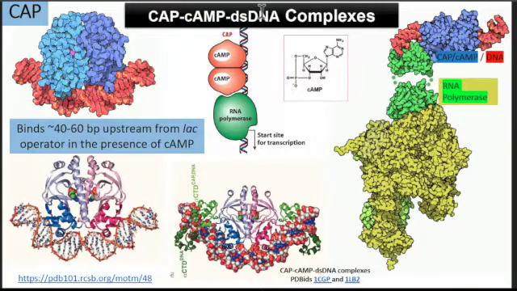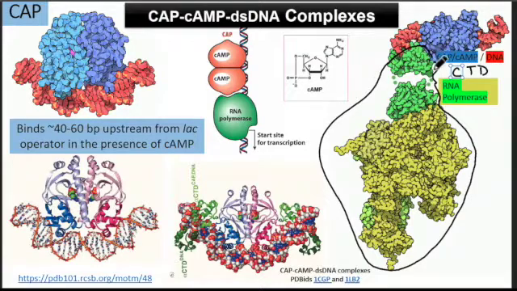Specifically, the green is the carboxy terminal domain of the RNA polymerase. The whole thing is RNA polymerase. And you see how it's interacting with CAP? That's what's showing here. So RNA polymerase right here, interaction with CAP that's got cyclic AMP bound, that's what we have here.